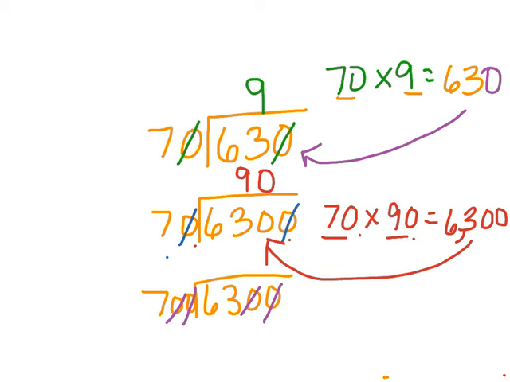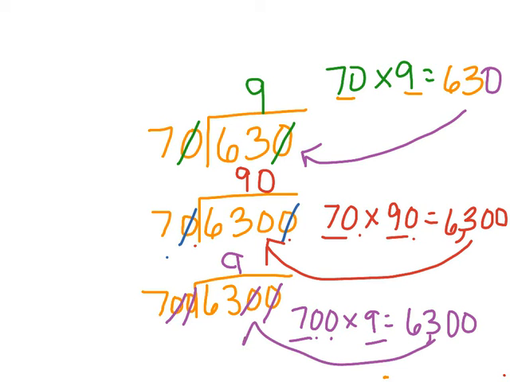So really I'm just now doing 63 divided by 7, which is 9. And there's no zeros to carry over, or just to bring up. So I can check my work. 700 times 9. 7 times 9 is 63. And then I had 1, 2 zeros over there that I just carry over. So yep, 6,300. I was correct.